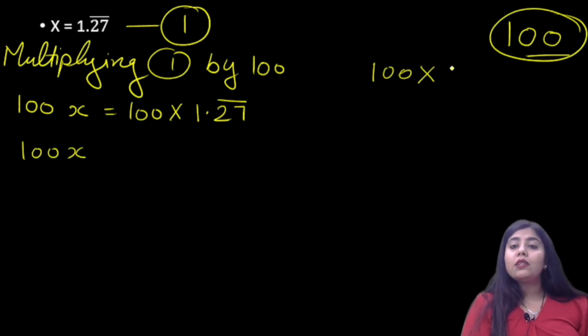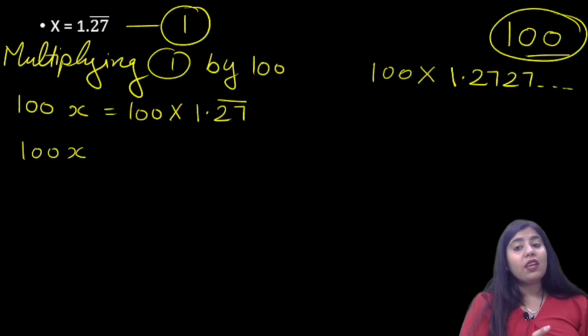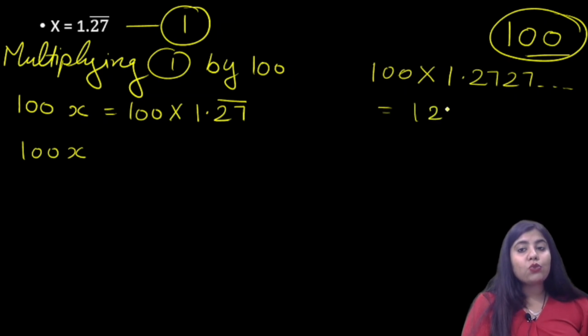Can I write 1.27 bar as 1.2727 and so on? If I can write it like this, then you know that as we have to multiply it by 100, the decimal will move up after 2 places, right? So it equals 127.27 and so on.